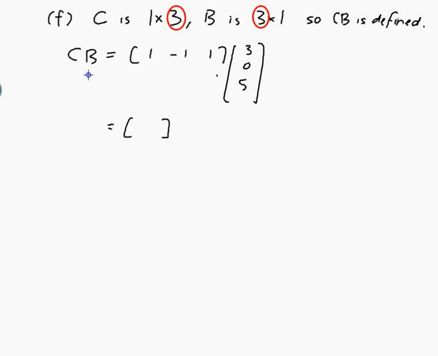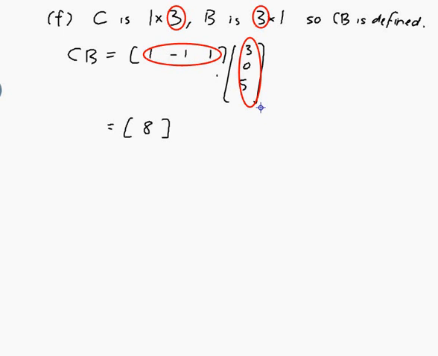And as usual, I will do the first row of C, but there's only one row of C, and the first column of B, but there's only one column of B. So that will be 1 times 3, which is 3, minus 1 times 0, which is 0, and 1 times 5, which is 5. So I'll get 3 plus 0 plus 5, which is 8.